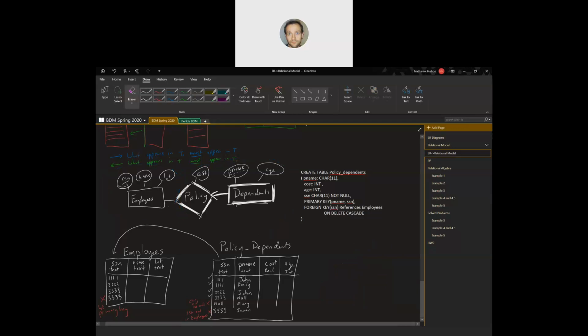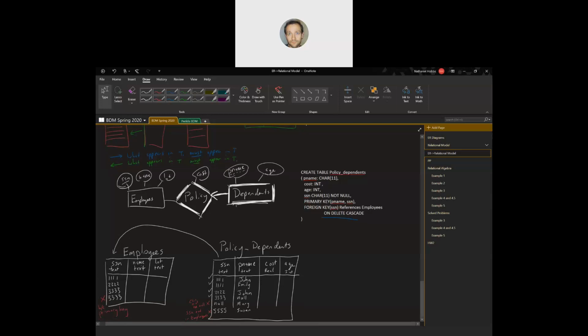I think that's basically all I wanted to say about this. Oh, other than, I'll mention this on delete cascade, what this means. And this is also required for a weak entity. I'll repeat, a weak entity, entries in this table owe their existence to the existence of entries in another relation.